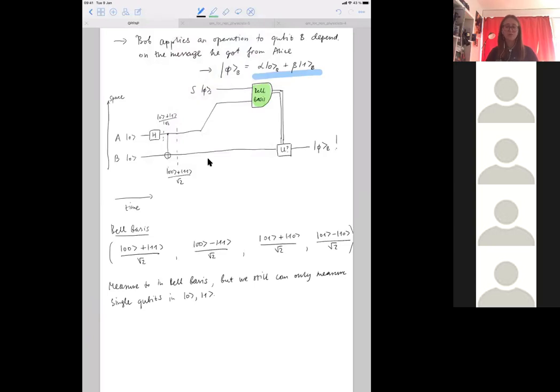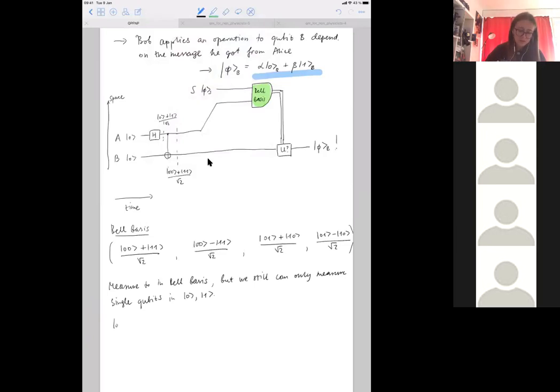Okay, I propose the following scheme. To understand the scheme, we first need to understand how to get the Bell basis states, all those 4 states listed here, if we just have qubits in 0 and 1 states.